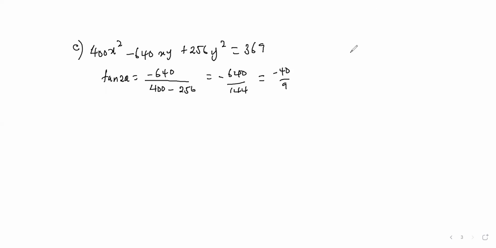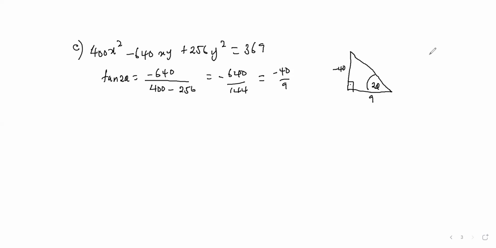So if you draw triangles, this is going to be 90. And suppose this is our 2 theta. And so tan is opposite over adjacent. So it means that 40 squared plus 9 squared is 1,681.